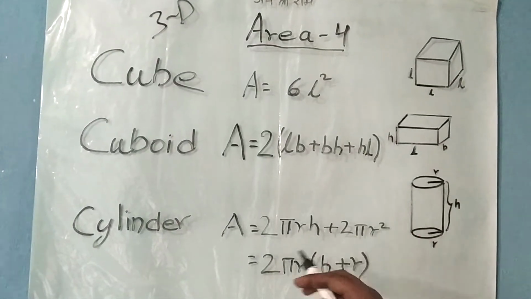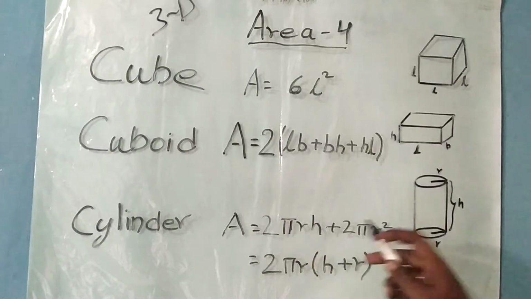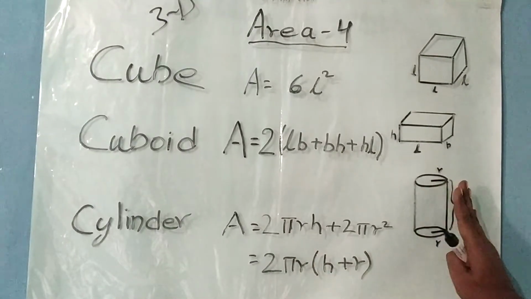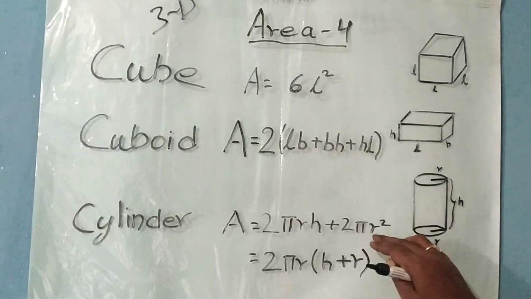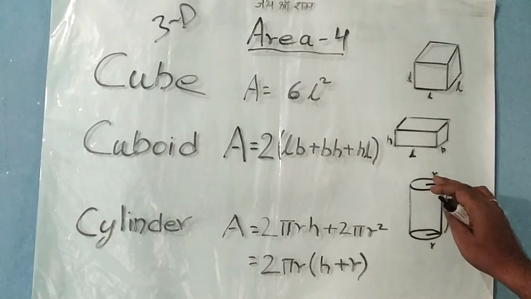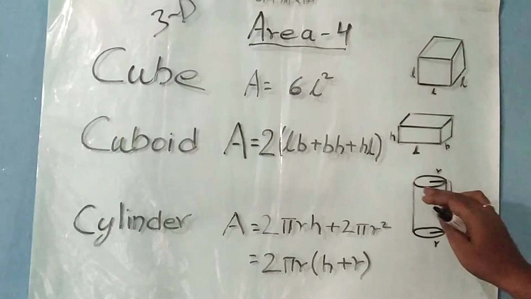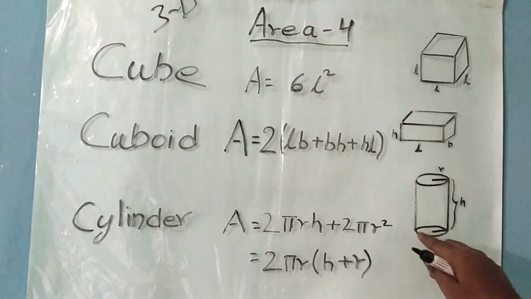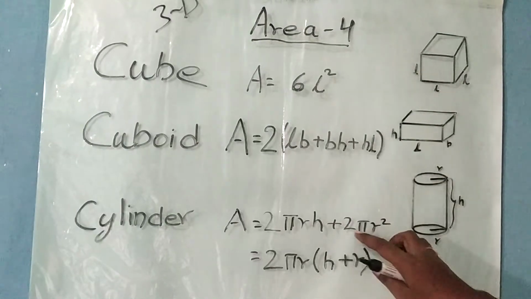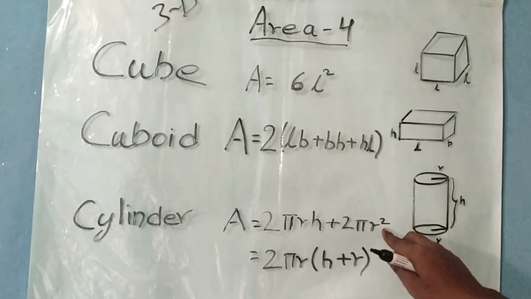The curved surface area of the cylinder is 2 pi r h, and pi r square is the area of this circular area. There are 2 circles, top and bottom, so it will be 2 pi r square.